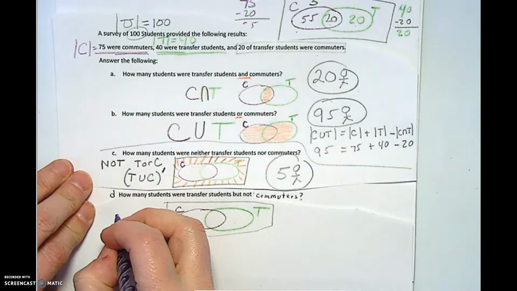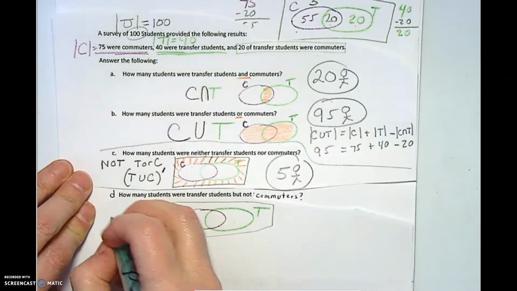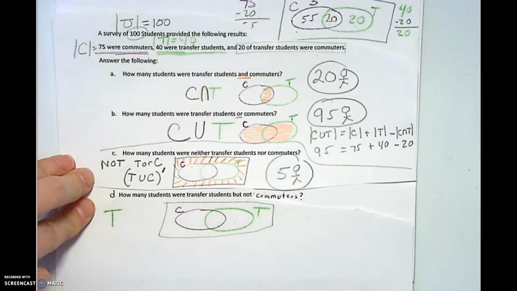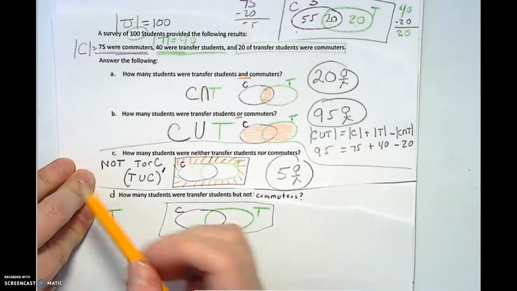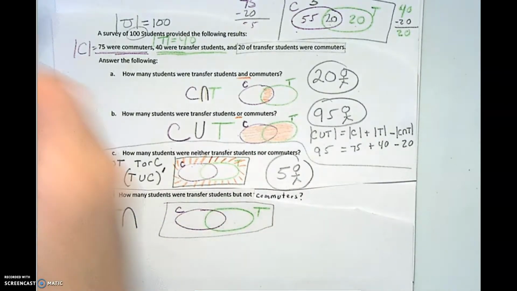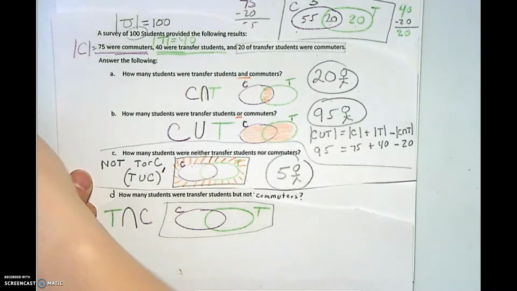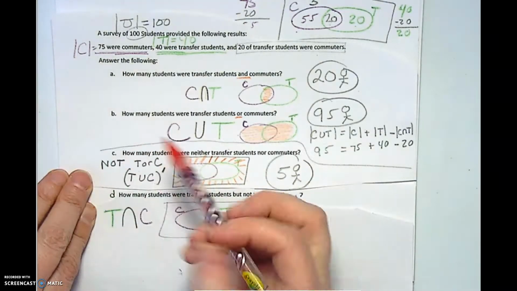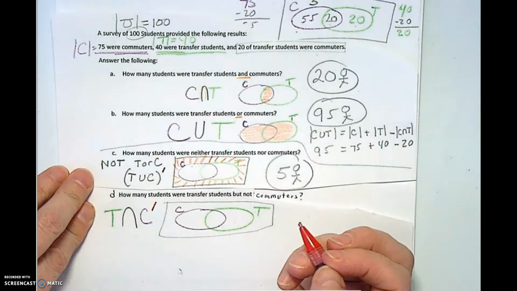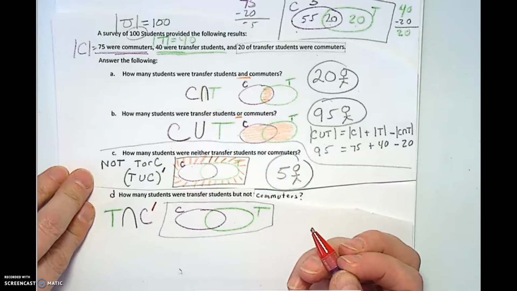So this is transfer students, which is a T, and but is like an and, so I'm going to do that. Transfer students, but is the same thing as and, not commuters. So commuter, and I need a red. Commuter, not commuters. Okay, so T and C complement, or T and not C.